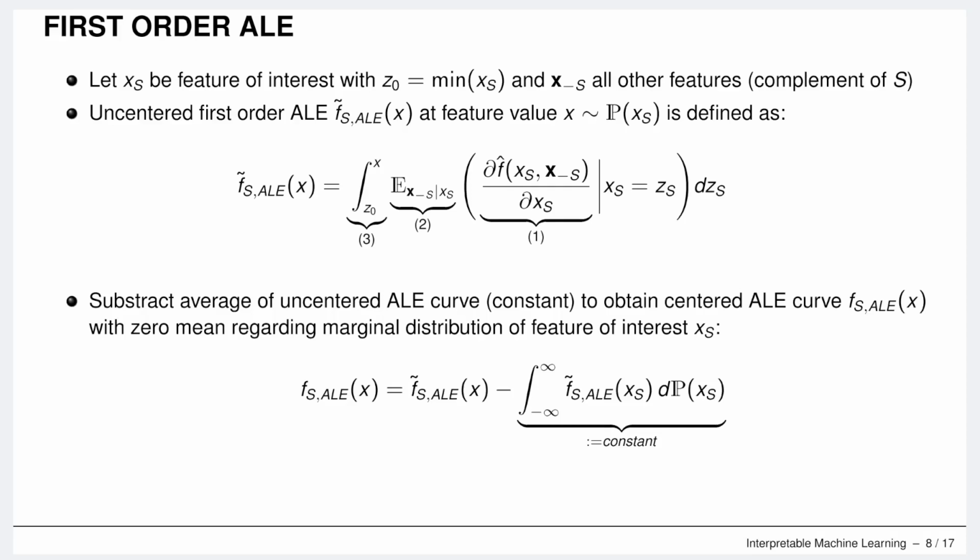This is similar to the effect plots that generalized additive models give us, and different to what a partial dependence plot produces, because the partial dependence plot is not centered around 0. Although, of course, you could also center the partial dependence plot so that it has 0 mean. So this is the constant value with which we subtract the uncentered first order ALE plot.